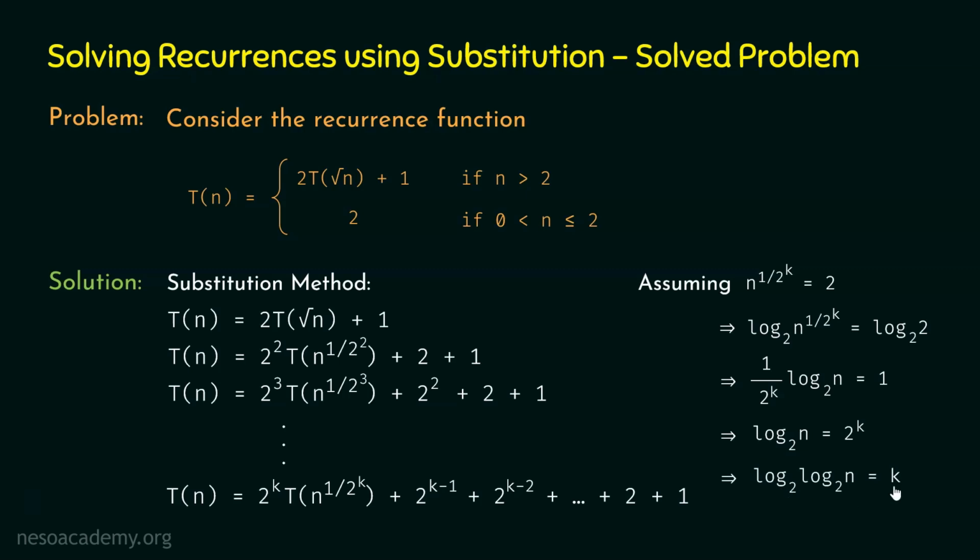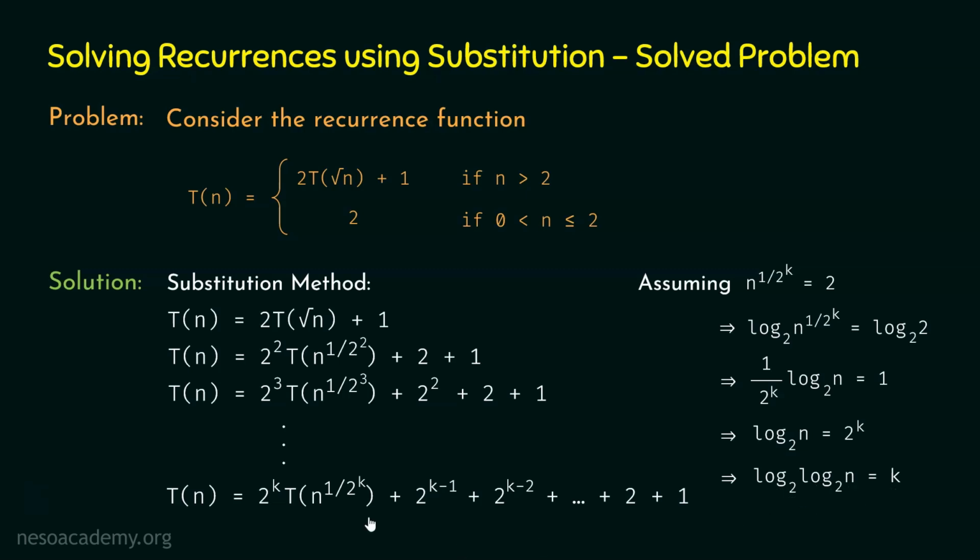After applying log on both sides, we will get log base 2 of log n base 2 equal to k. Log 2 power k base 2 is the same as k times log 2 base 2. By applying the same property we applied earlier, we know log 2 base 2 is 1, so we will get k here. The reason I have chosen the base as 2 is that this 2 will be removed and we will be left with k only. Now we can observe that we have k equal to log base 2 of log n base 2.